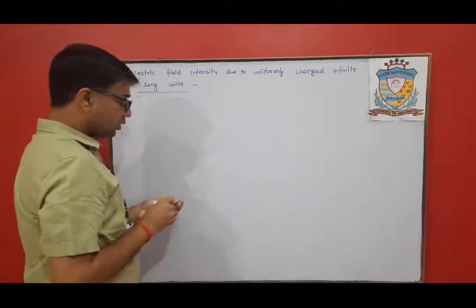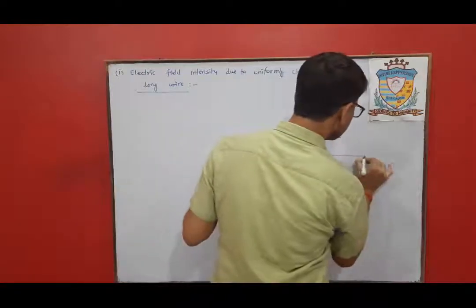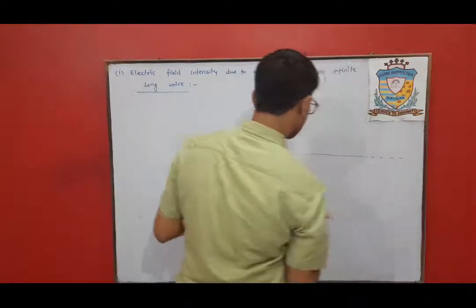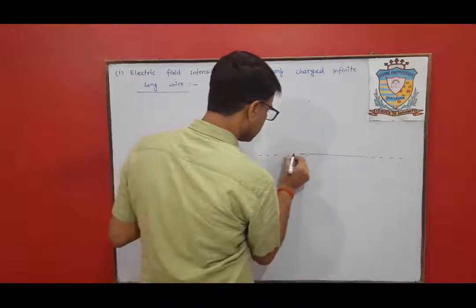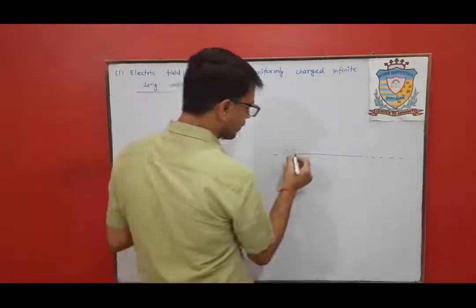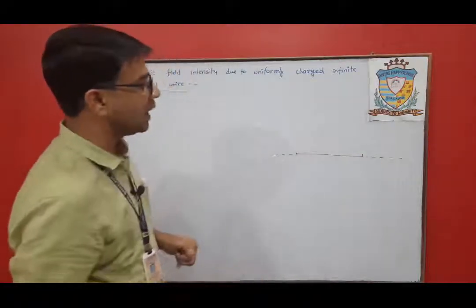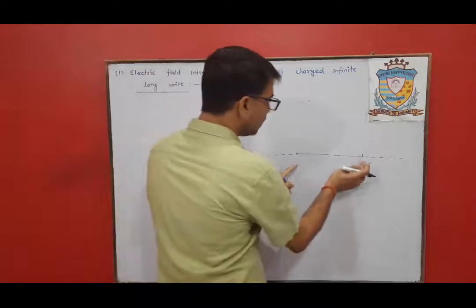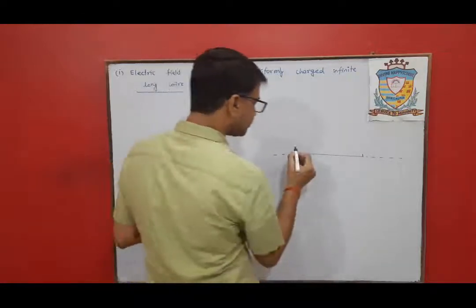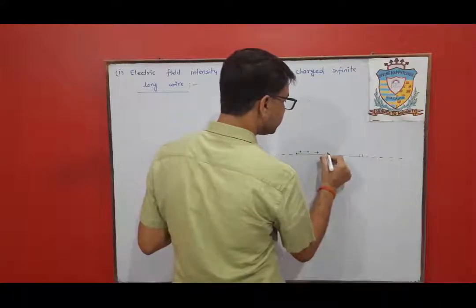Okay, suppose we have any infinite long wire, and we cut a small piece of that. Let the length of this wire be L, and this is uniformly charged.